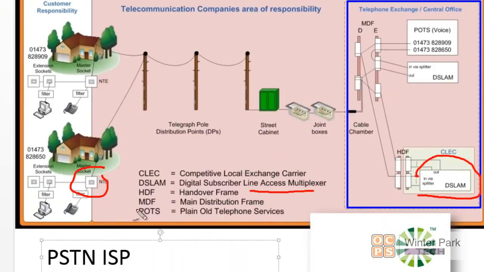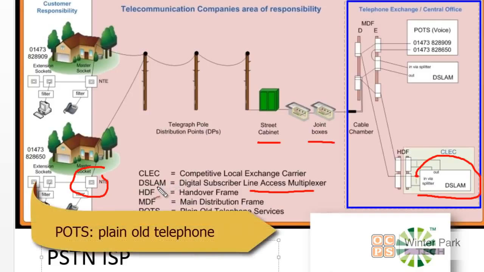But you can see we're going to have street cabinets, joint boxes, obviously telephone lines. It's a very complex system for both cable and your PSTN ISPs to deliver the last mile. PSTNs were always known for POTS, Plain Old Telephone Service.